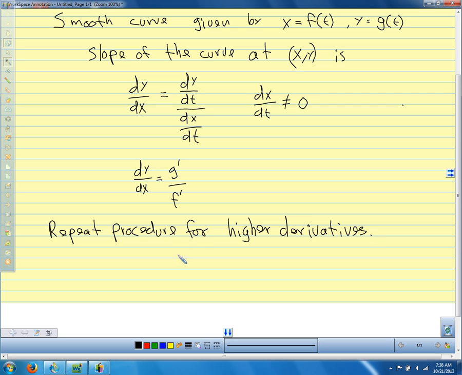So to find our second derivative, d squared y/dx squared, we're going to find the derivative with respect to x of dy/dx.